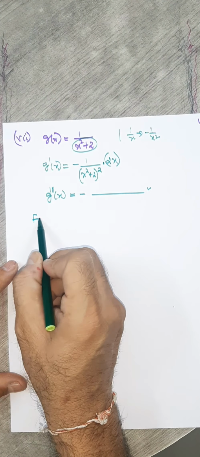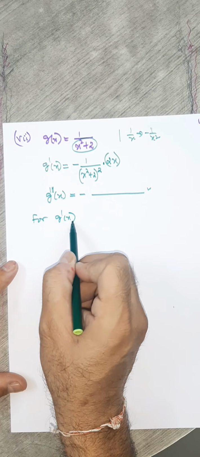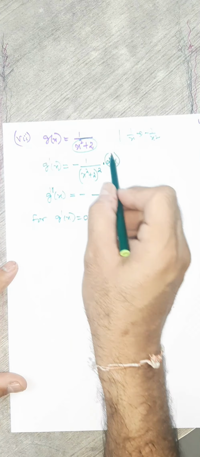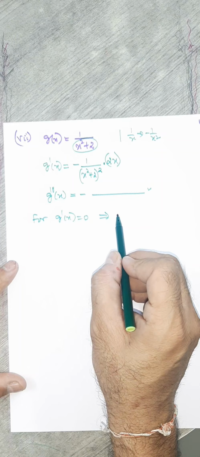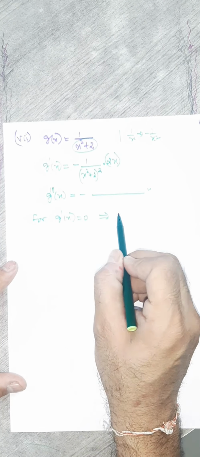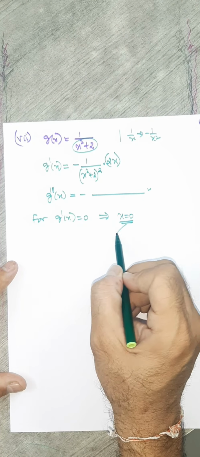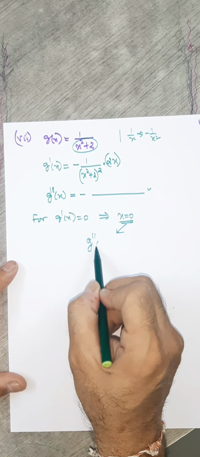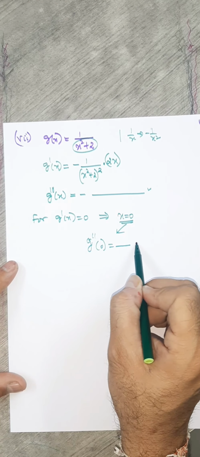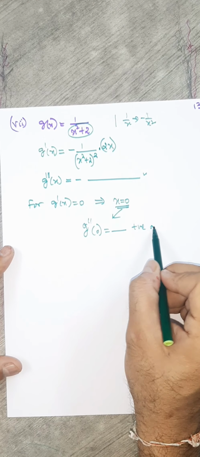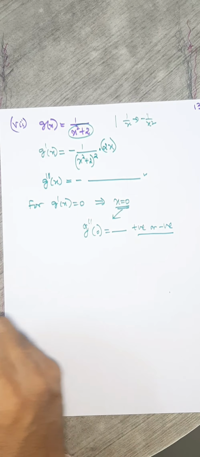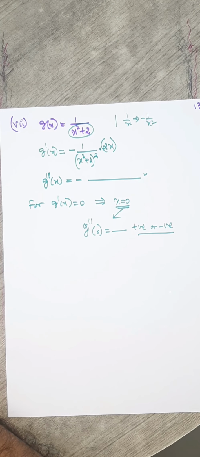Then for the turning point, put g dash x equals 0. So this much equals 0. If I put this much equals 0, I'll just get x equals 0. Put this in the double derivative, right? And decide whether it is positive or negative. Now we did so many questions, so you can do that, right?